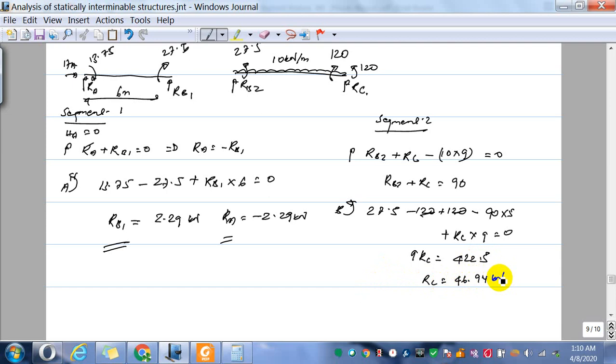So then you can find RB2 is equal to 90 minus RC.